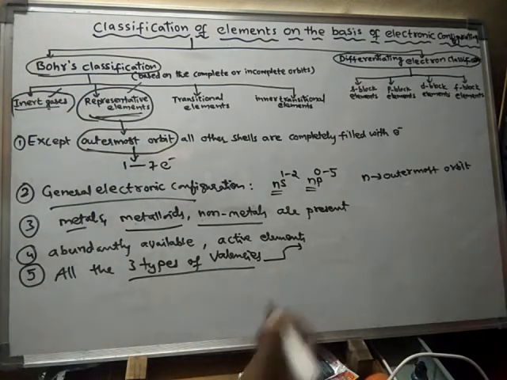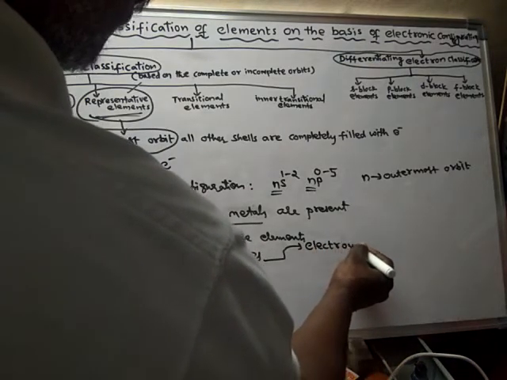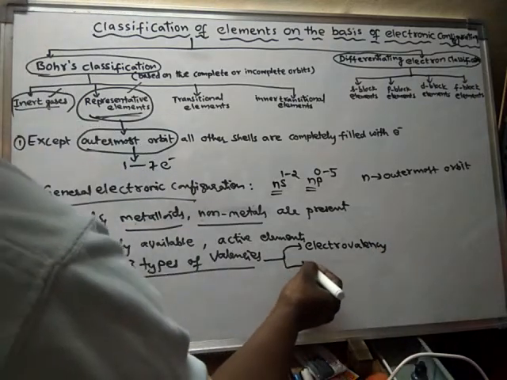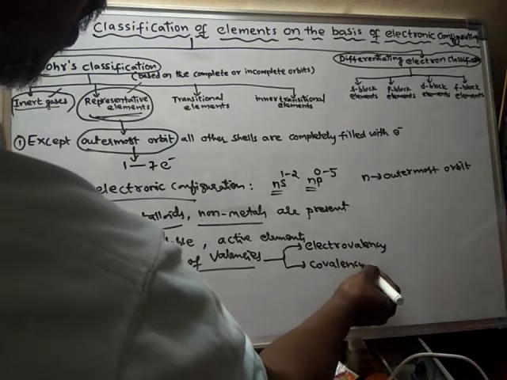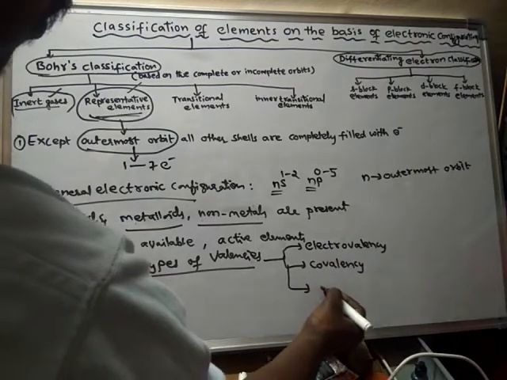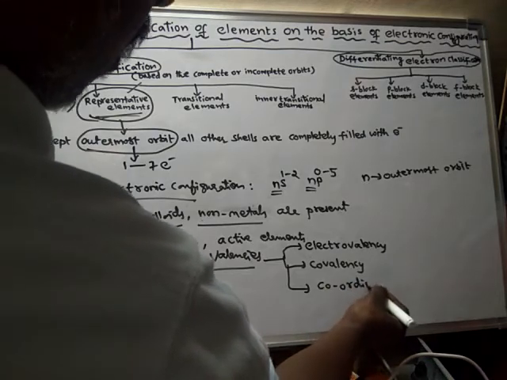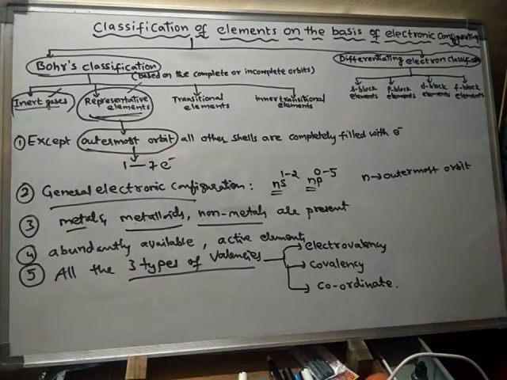Some elements show electrovalency, also called ionic valency. Some elements show covalency, and some elements show coordinate valency. So electrovalency, covalency, and coordinate valency.